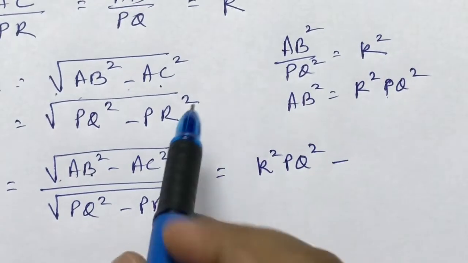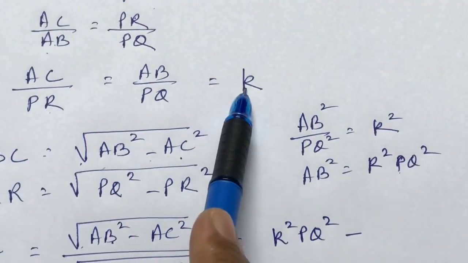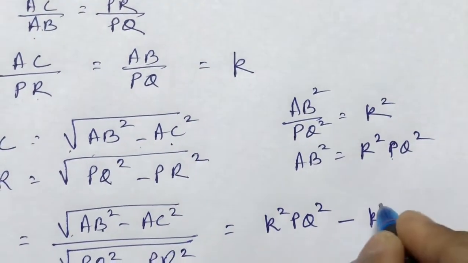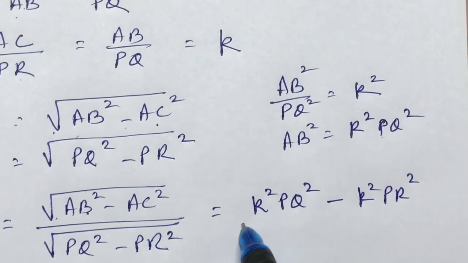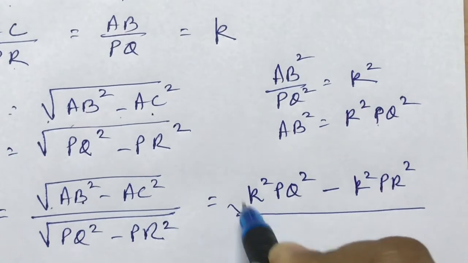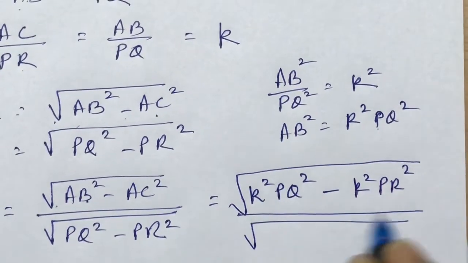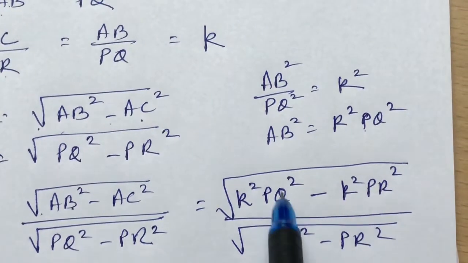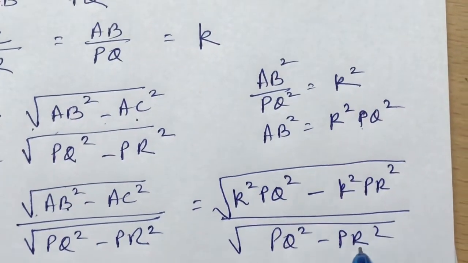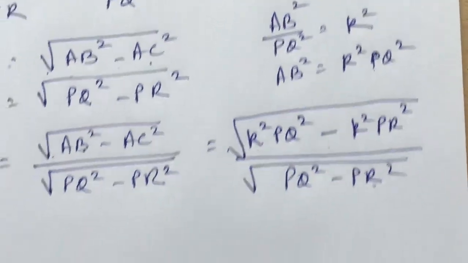Similarly, what is AC square? It can be written as PR square K square. So K square PR square, whole under root, by root over of PQ square minus PR square. See, I wanted to cancel out this one. So this is the only reason why I have substituted this value over here.